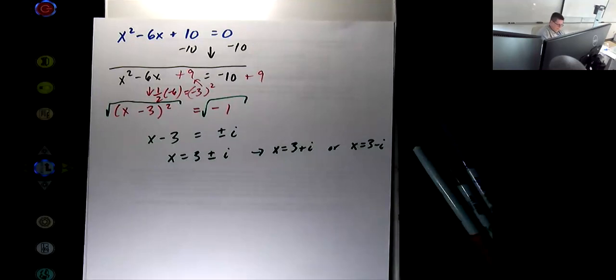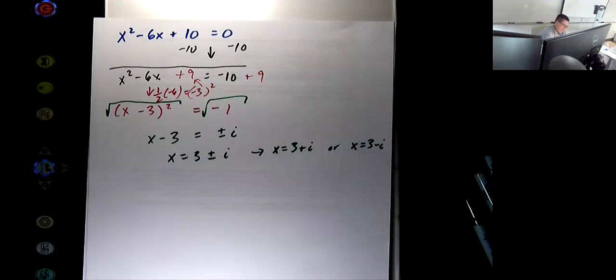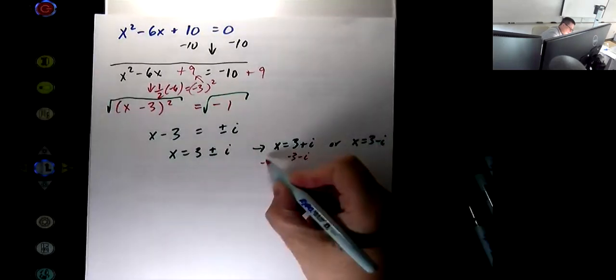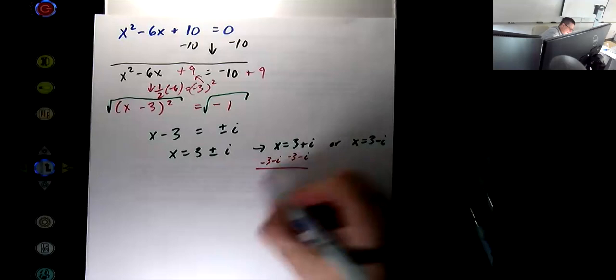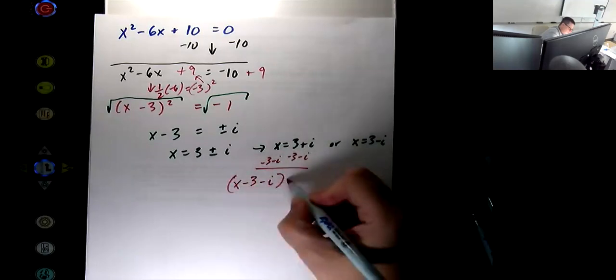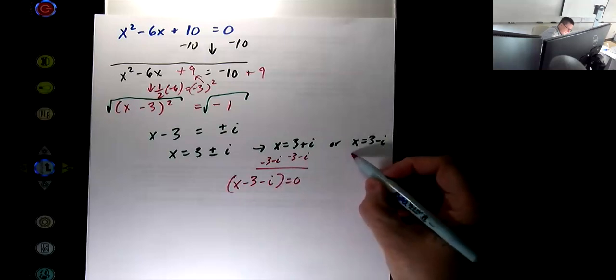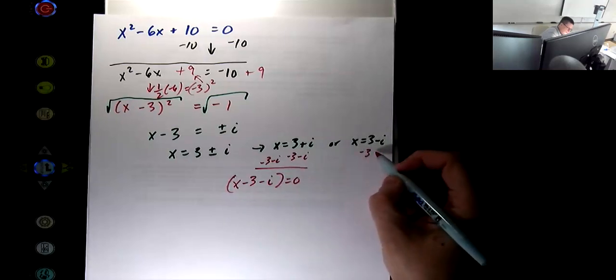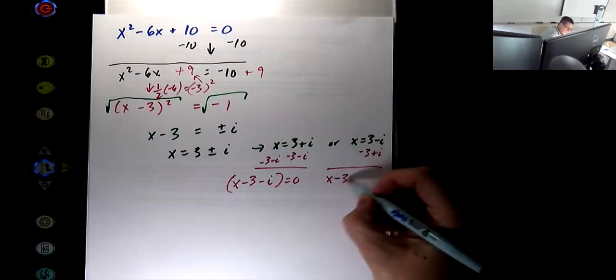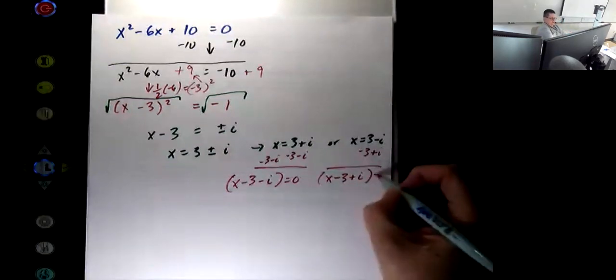So if we wanted to see what it would have looked like if we factored, make the right side equal 0. I'm gonna subtract 3 and i from both sides. I get x minus 3 minus i equals 0. And if I do the same thing here, I'm subtracting 3 and adding i, I get x minus 3 plus i equals 0.